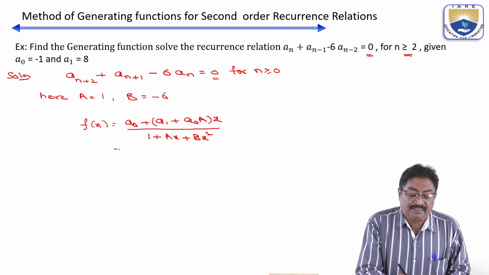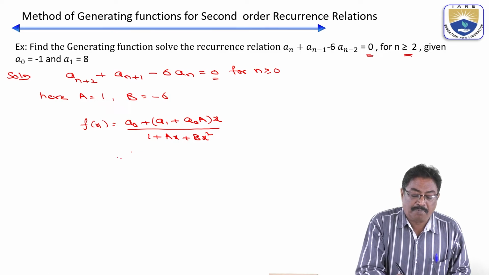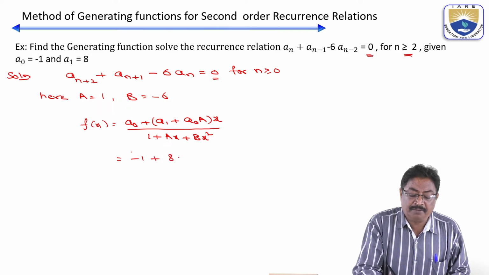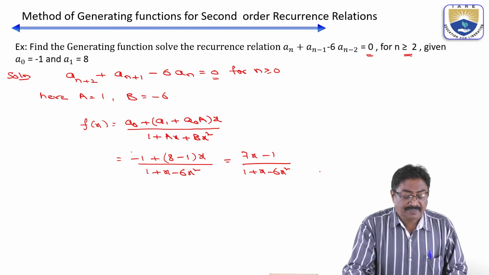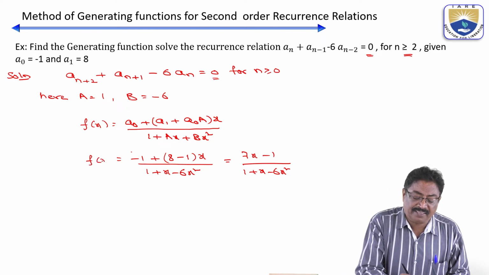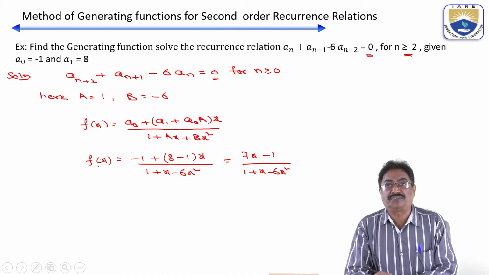Then a naught is given as minus 1, and a1 is 8, and a equals 1, so f of x is (a1 plus a a naught) x by 1 plus x minus 6x square. So this is (7x minus 1) by (1 plus x minus 6x square). So this is the generating function, f of x.